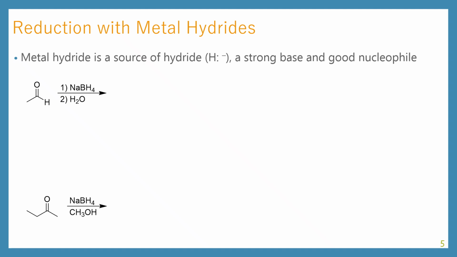Now, metal hydrides do something really similar, but the way that they do it is really different. With our catalytic reductions, we are doing an addition across a double bond, essentially. Here, we're actually doing a nucleophilic addition. We have hydride, which is H- with a lone pair, which is tiny and a strong base, which makes it a good nucleophile.